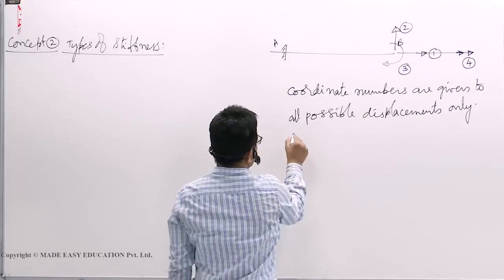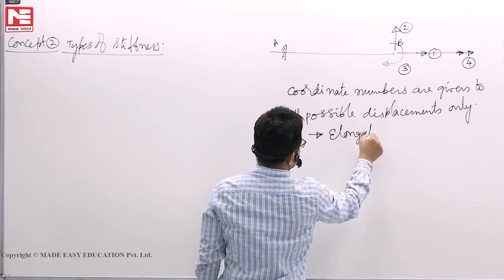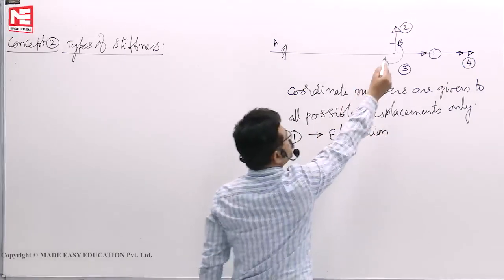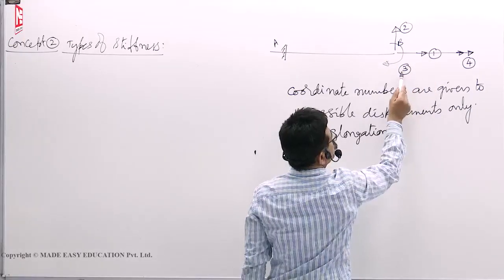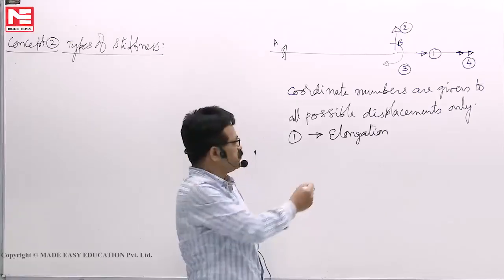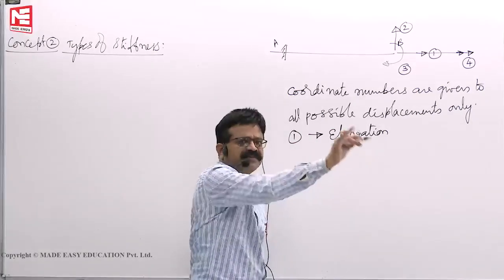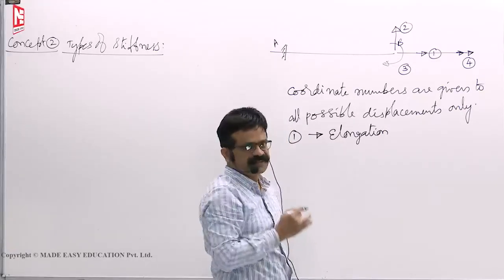In this case, what I have given is coordinate 1 for elongation. If you don't want, you can give coordinate 2, instead of 2 I can write 1, 2, 4, 3. Any number you can give, they are arbitrarily chosen numbers, not necessarily 1 is always for elongation. 1 can be deflection, 2 for elongation, like that.